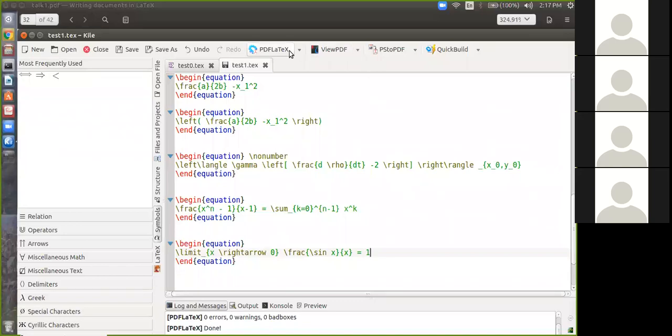Let me check. One error. Why? Oh, limit, a package problem. Slash limit. Hmm, no, slash limit is fine. It cannot recognize slash limit as an inbuilt function.